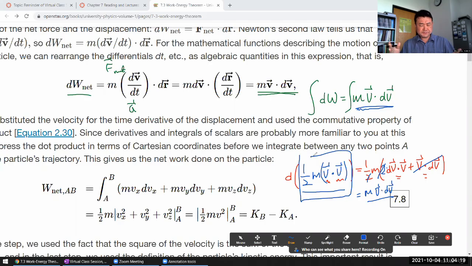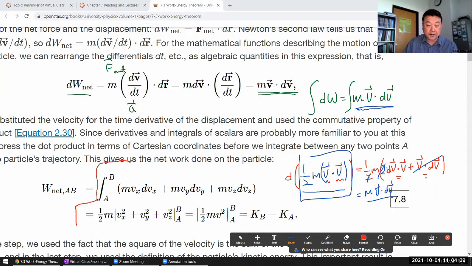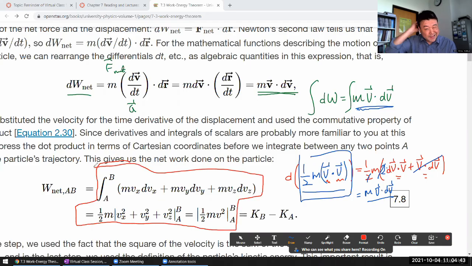And I'm pretty sure I've done something wrong notationally as I'm going through this. But the reason we engage in notational abuse is because it ends up in the correct expression. So there are details of how to handle these calculus things properly and correctly, and for the purpose of this class, we don't really worry about it all that much.